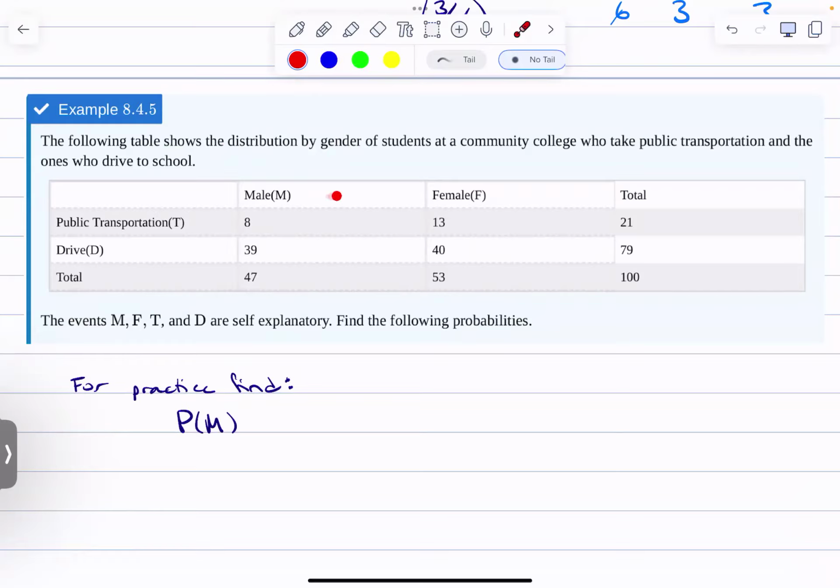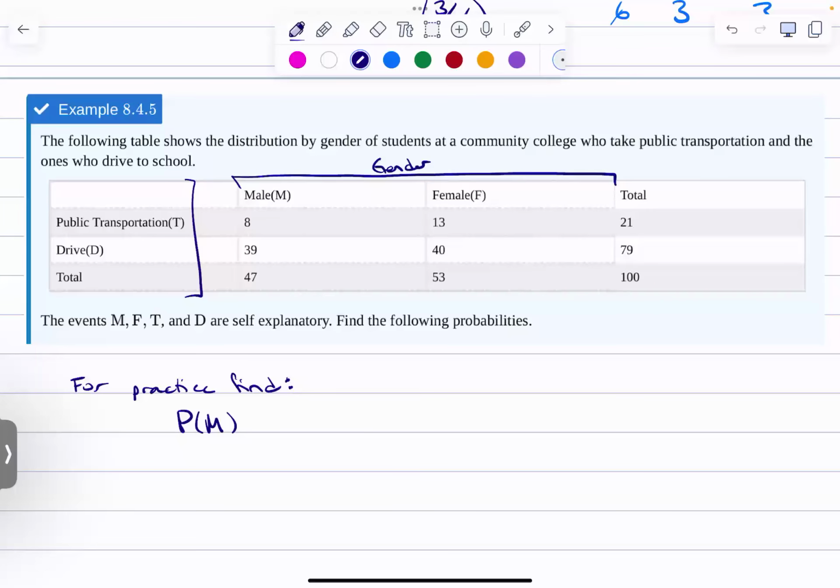And so we've got the gender here. Gender is in the columns. And then how they get to school, presumably, let's call it the transportation, is in the rows.